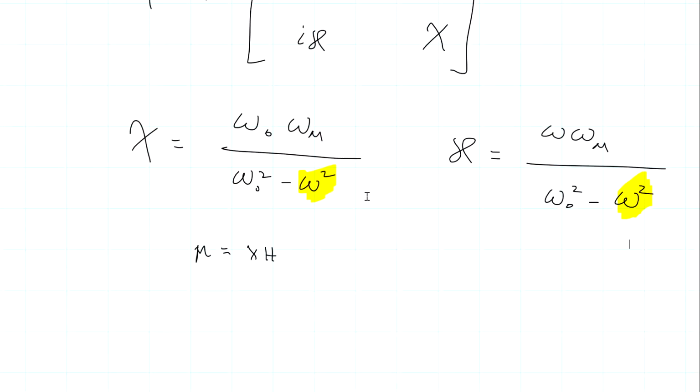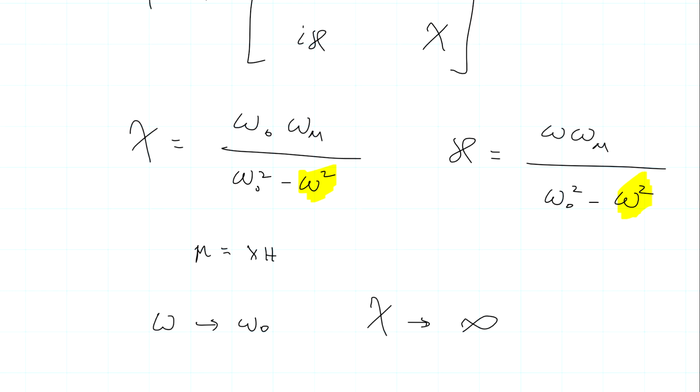Okay, so now let's look at what would happen if our frequency approaches omega naught. When our frequency approaches omega naught, you will have 0 here, right? Omega equals omega naught, you have 0 here, which means that chi approaches infinity.